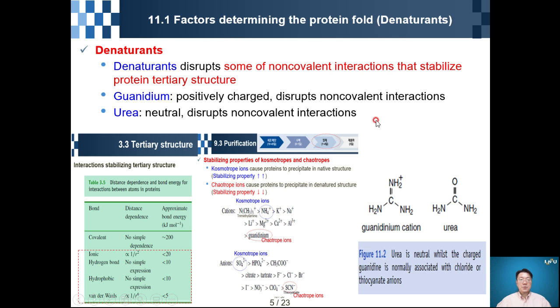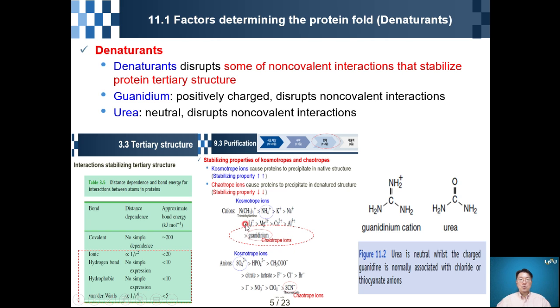Okay, and also guanidium and urea belong to the denaturants. Previously we also learned about the stabilizing property of cosmotropes and chaotropes. At that time we learned that a very famous chaotrope is guanidium.